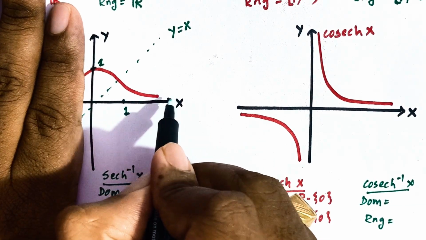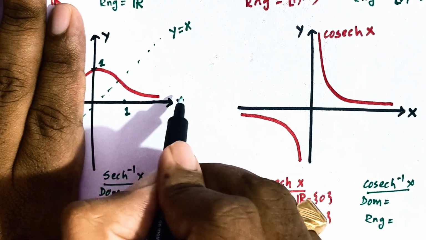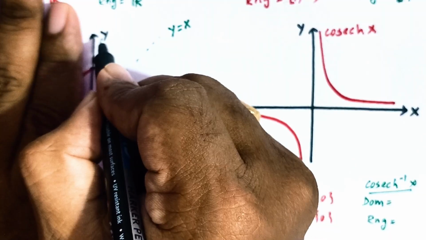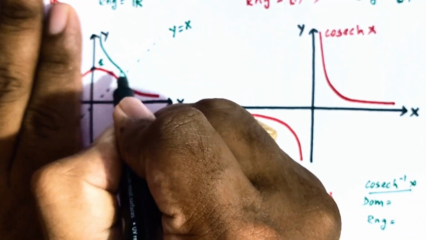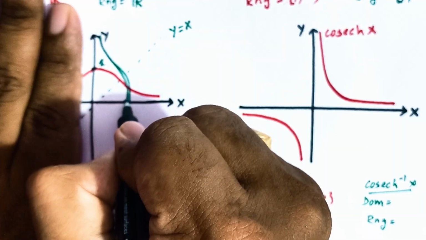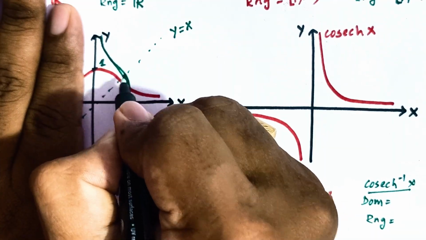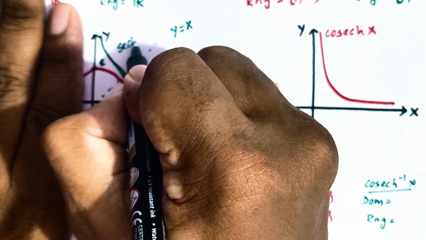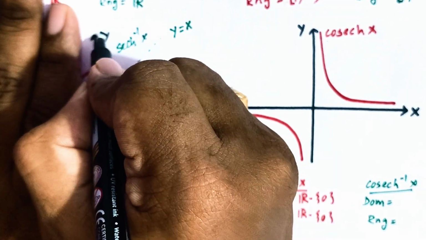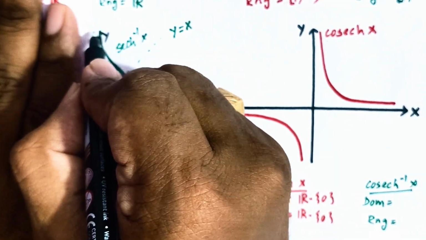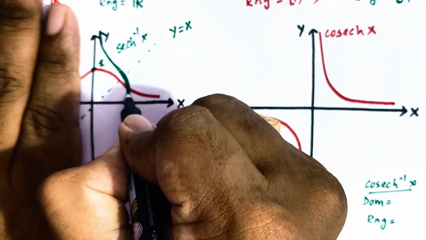If the graph is approaching the x-axis, here also our graph will approach the y-axis when you reflect. So our inverse hyperbolic secant will look something like this. This is our inverse hyperbolic secant. Here this approaches our y-axis.